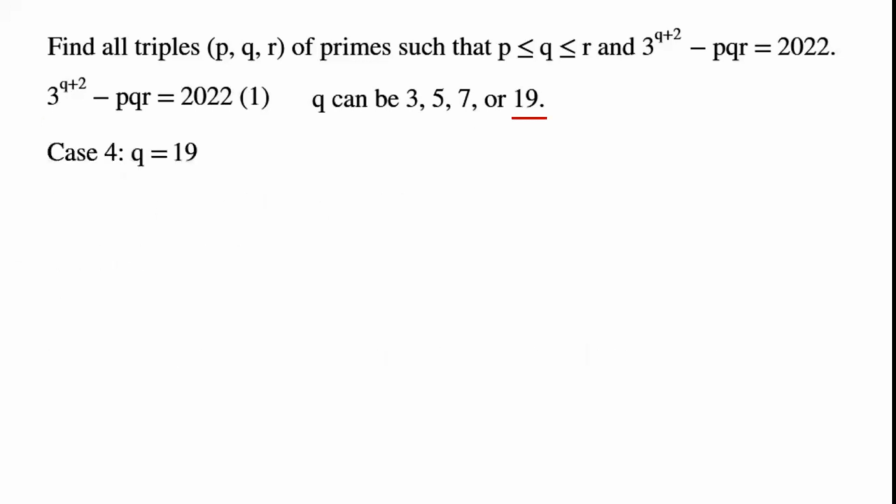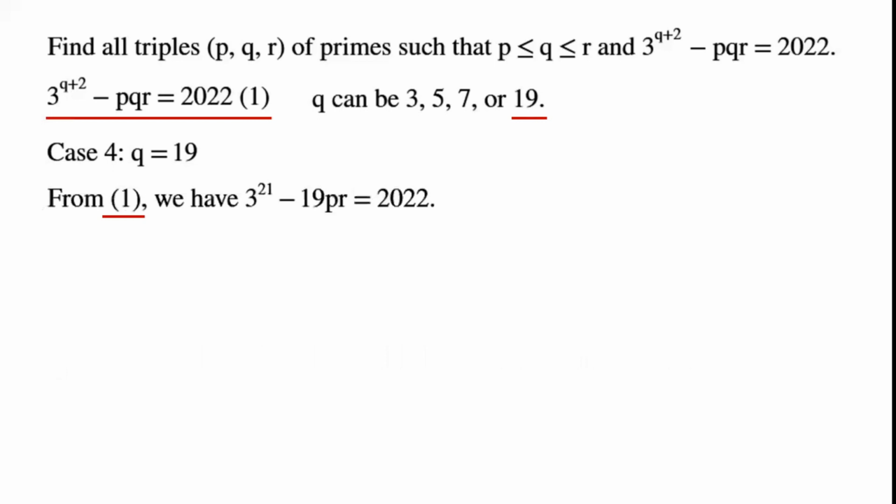Case 4, Q equals 19. From equation 1, we have 3 to the power of 21 minus 19PR equals 2022. 3 to the power of 21 equals 10,460,353,203.